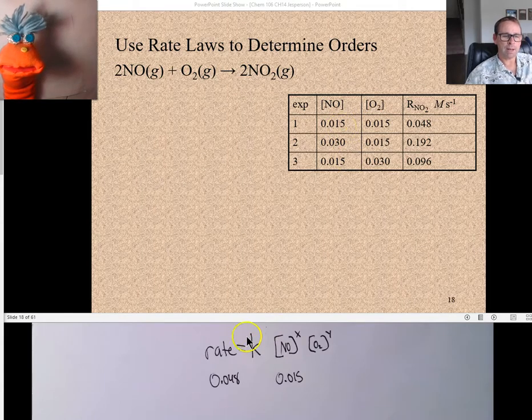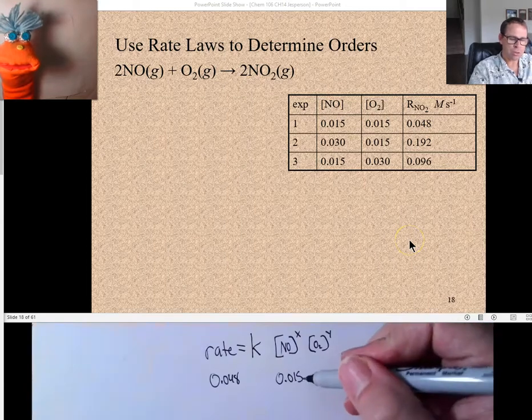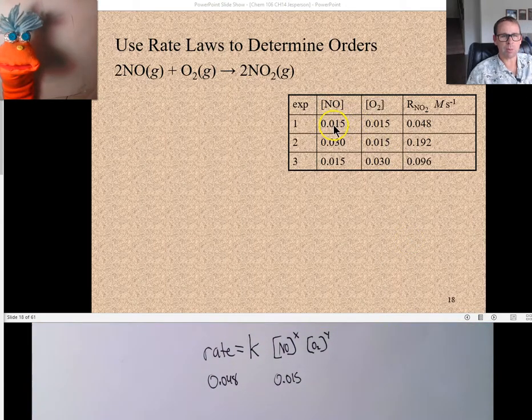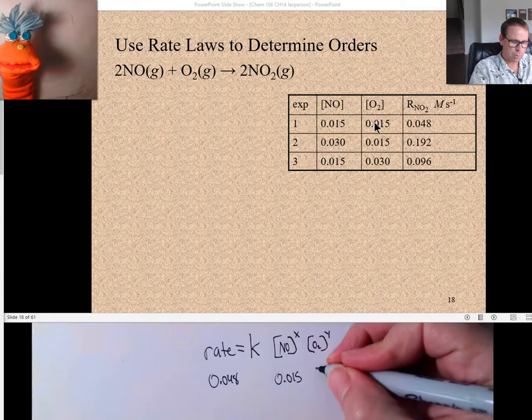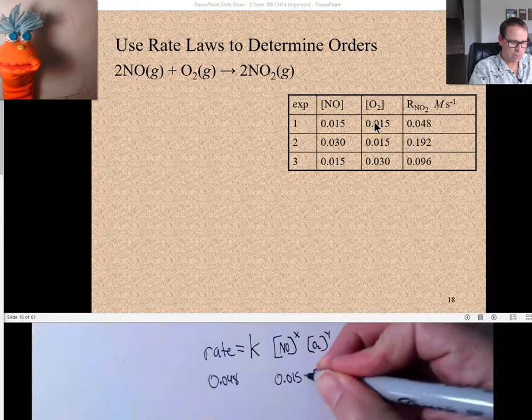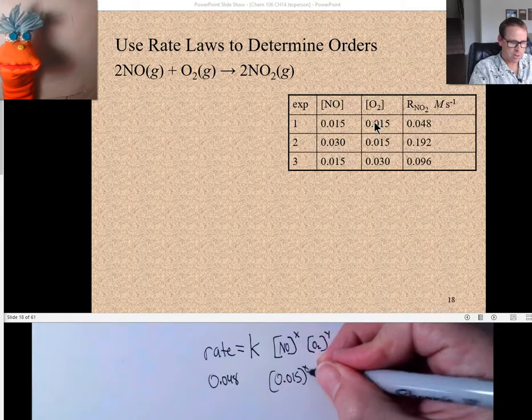So we don't have to put a value in here for K to start off with. All right, so 0.015 came from this experiment 1 here.